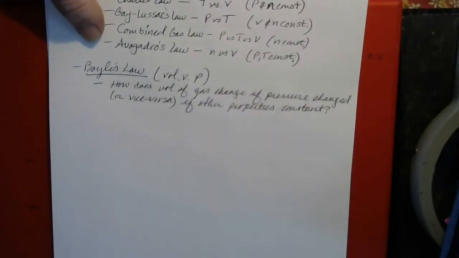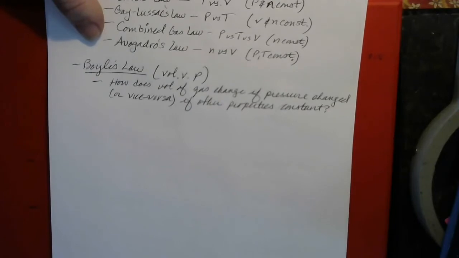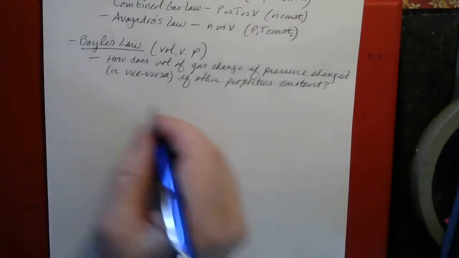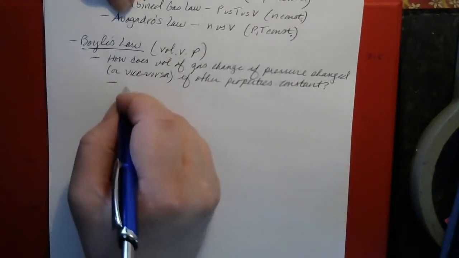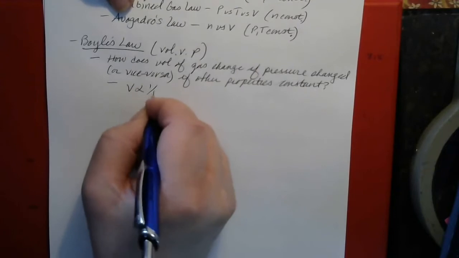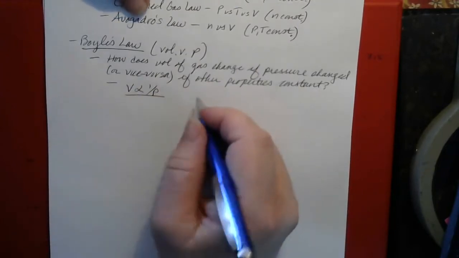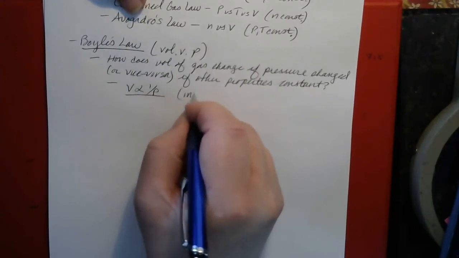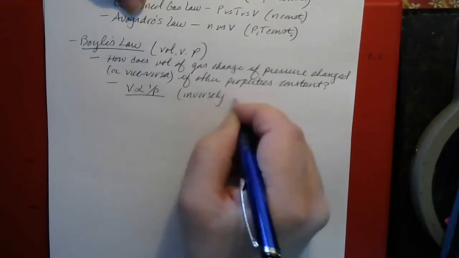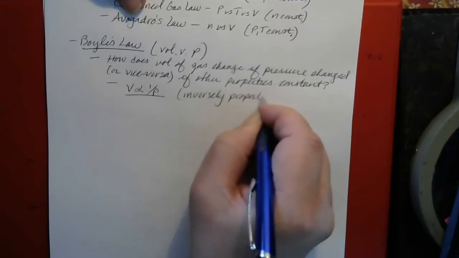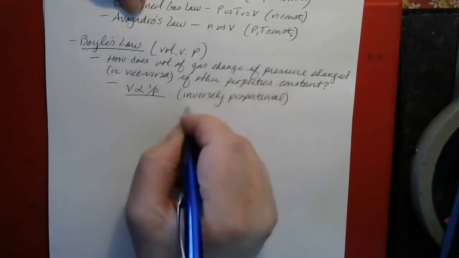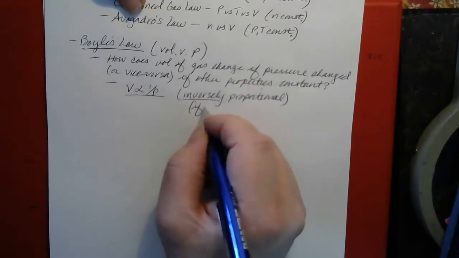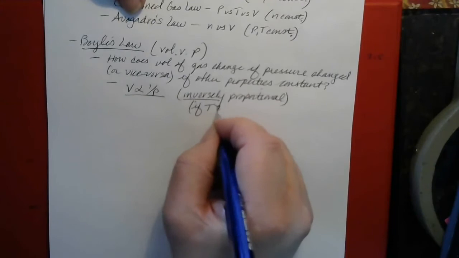So if you change the pressure, how does the volume change? Or if you change the volume, how does the pressure change? What he discovered was that it was an inverse proportion. And that's assuming, of course, that temperature and number of moles are constant.